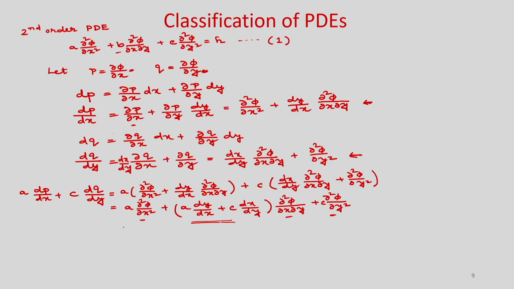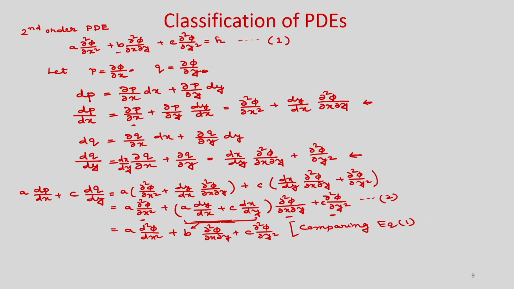So, you can write it as a del 2 phi by del x square plus, this term together, b del 2 phi by del x del y plus c del 2 phi by del y square. Okay. So, if it is equation 2, comparing equation 1 and equation 2, we could write this, and it will be equal to h.